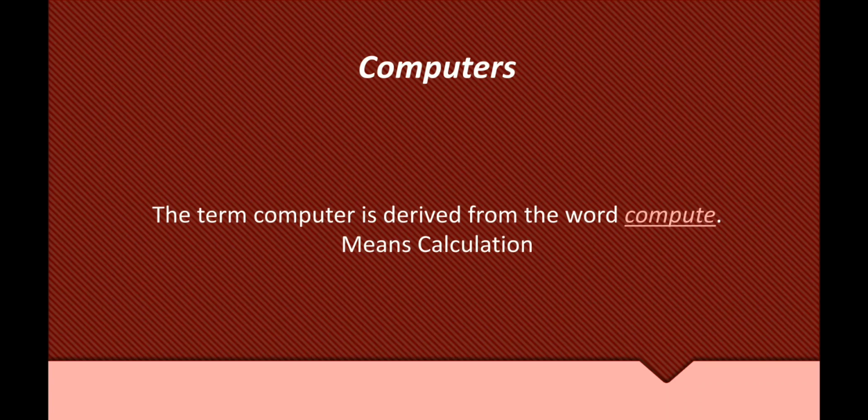So what is a computer? The term computer is derived from the word compute, which means to calculate. This device is known as the computer. Then, the computer is an electronic device. We know that it takes the input, processes it, and produces the output, right?